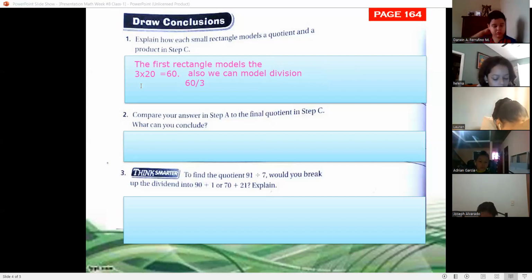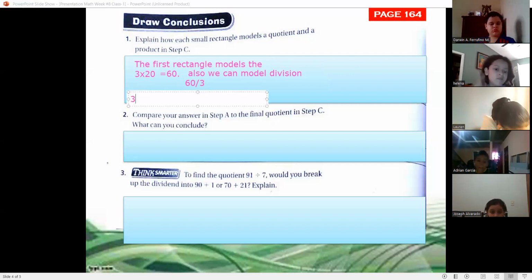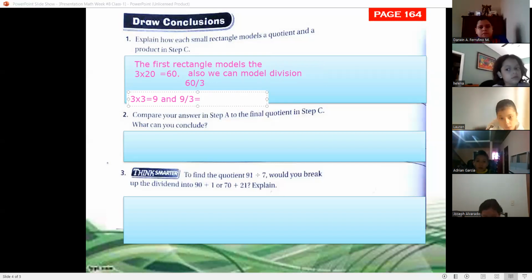Okay, and then remember that we have the rectangle of 3 times 3 is equal to 9. And we could also say 9 divided by 3 is equal to 3.